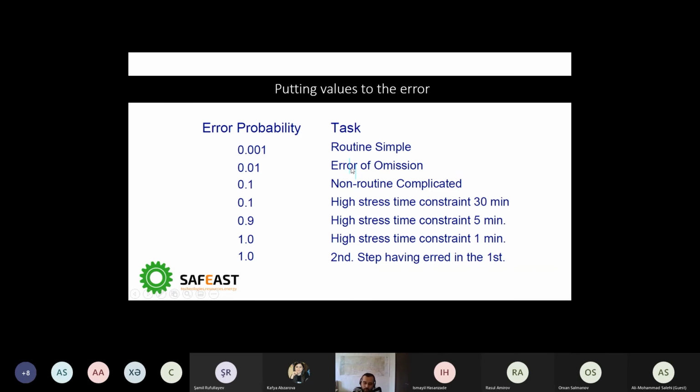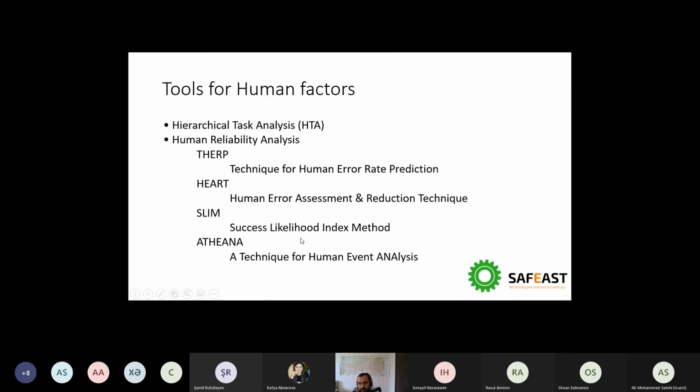For an error of omission, like A B C D and he forgot to do C, he did A B D, we say there is always a 1 in 100 chance. For non-routine complicated tasks, there is always a higher chance. If you have even higher stress with the non-routine, the error rate will be much higher. And if you have high stress and time constraints, you will definitely make an error.